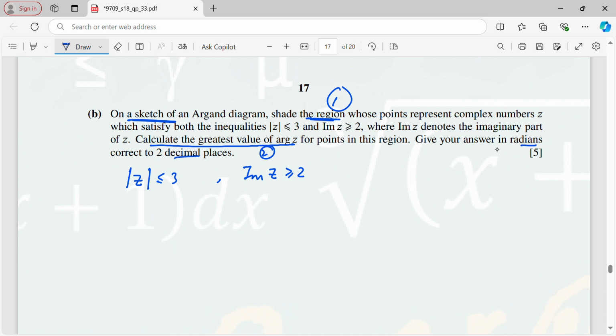Now basically for the first inequality, this is actually the locus of a circle, right? So this is a circle with center (a, b), provided this is minus, and then the radius r.